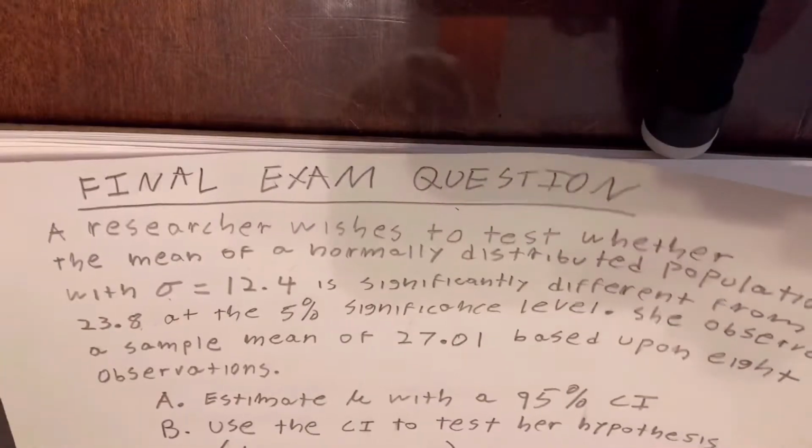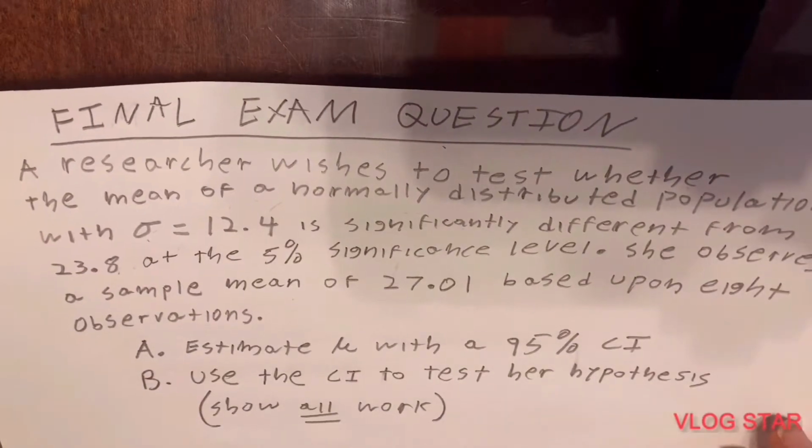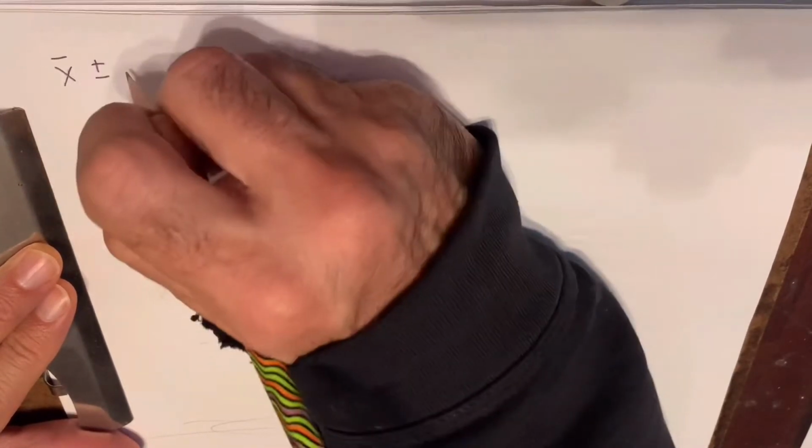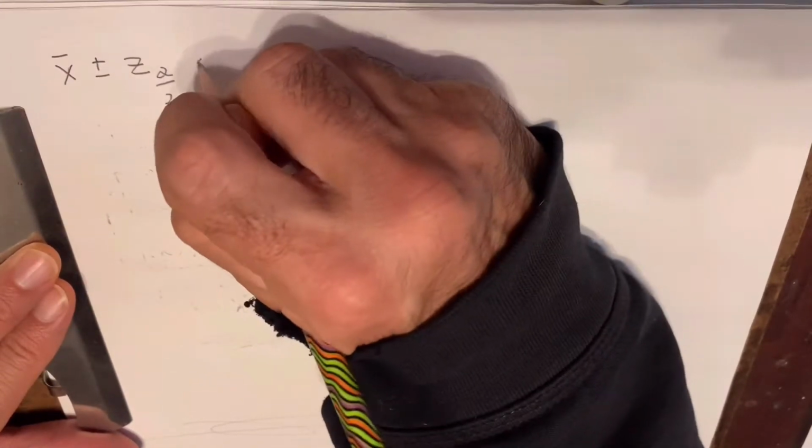Now, part A asks you to estimate the population mean with a 95% confidence interval. The formula for the confidence interval for the mean when the standard deviation is known is given by x bar plus or minus z sub alpha over 2 times sigma sub x bar.